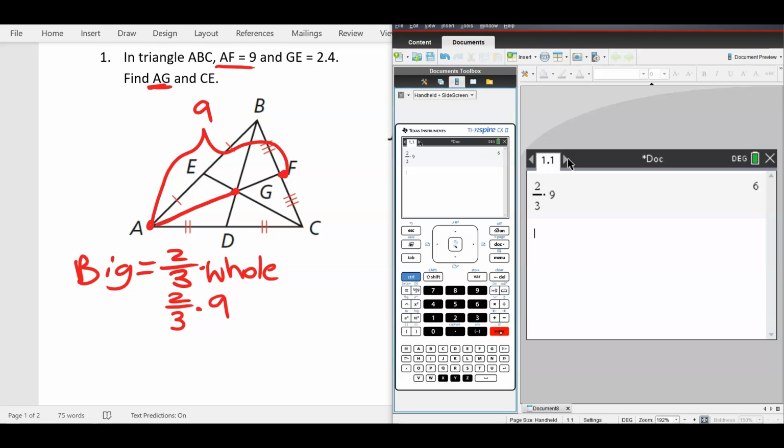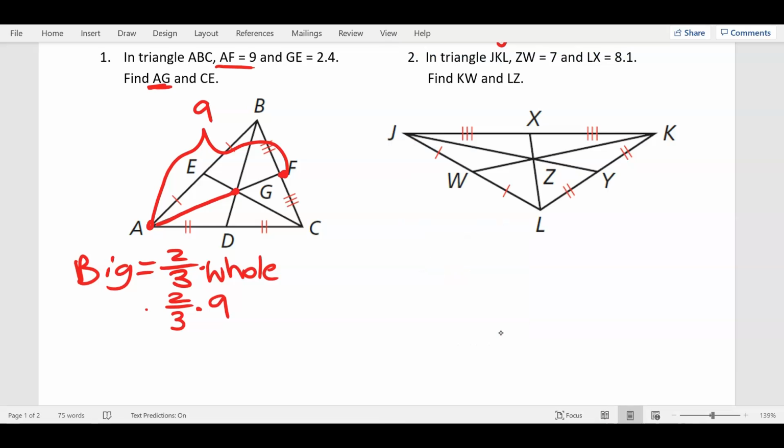Does everyone know how to do fractions in the calculator? Control, divide, fraction. Okay, so I ended up getting 6. So that means AG, my big section, is 6. Cool. So if you're given the whole thing, multiply by 2/3 to get the big one. Multiply by 1/3 to get the small one. Okay. All right. Let's do another one.